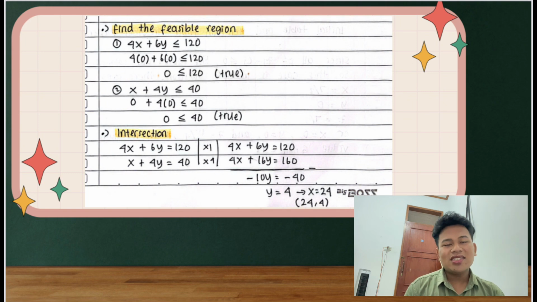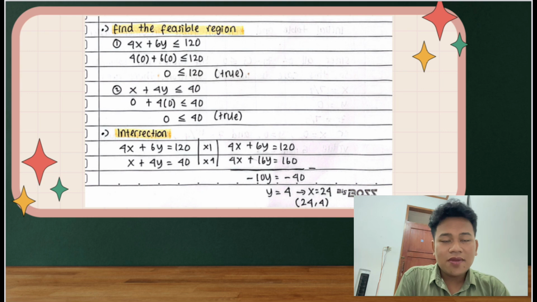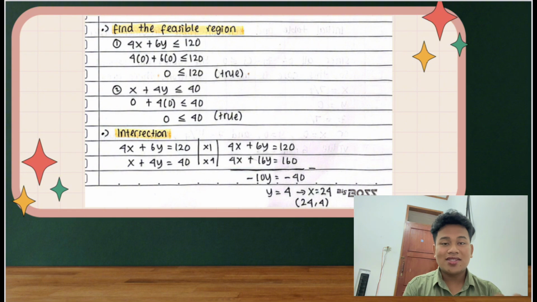Then we find the intersection of the two graphs in the same way as the system of linear equations of two variables. From the equations 4x plus 6y is equal to 120 and x plus 4y is equal to 40, we multiply the first equation by 1 and the second equation by 4, and then we get 4x plus 6y is equal to 120 and 4x plus 16y is equal to 160.